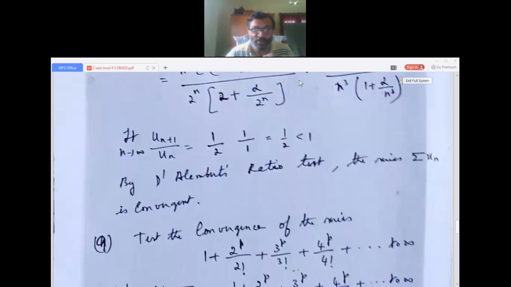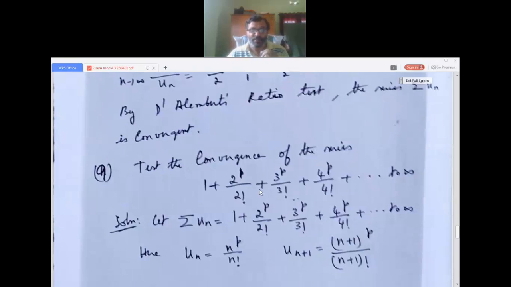Now the next question. Test the convergence of the series 1 plus 2 power p by 2 factorial plus 3 power p by 3 factorial plus 4 power p by 4 factorial plus etc. to infinity.